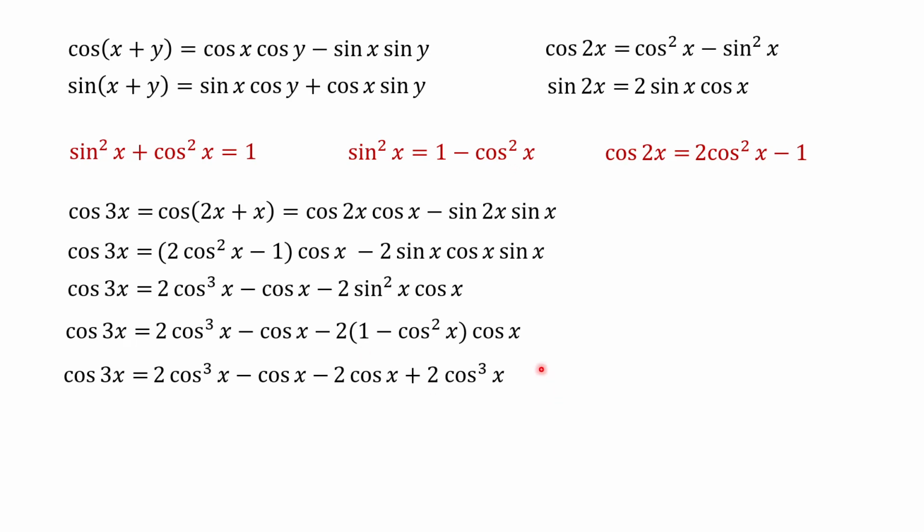So the last 2 terms here come from the last term in here. And now we see that we simply need to collect the similar quantities. So we have 2 cosine cubed and another 2 cosine cubed. It's 4 cosine cubed. Now minus cosine and minus 2 cosine, which means minus 3 cosine. And here's our final formula.